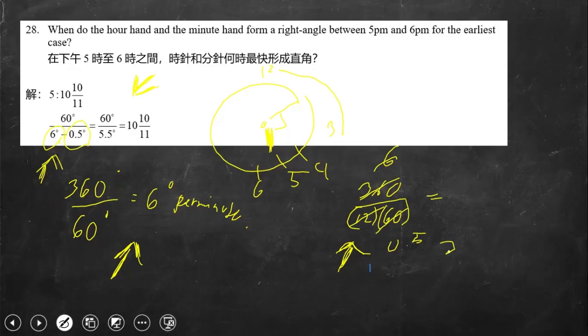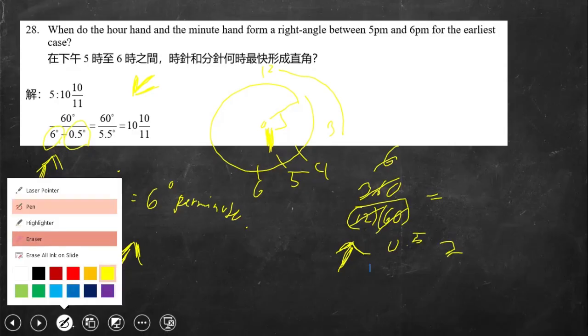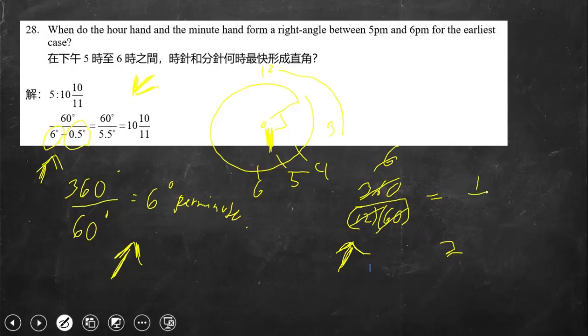We have 2. Sorry. We have 2. So it will be 1/2. That's how we have 0.5 here. So 60 over 6 minus 0.5 is going to be this. Going to result here. And then simplifying and getting the mixed number, you'll get this value here.